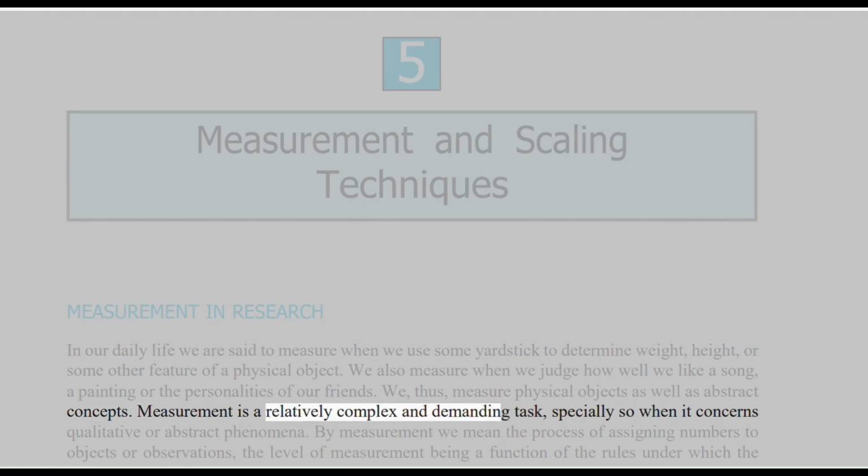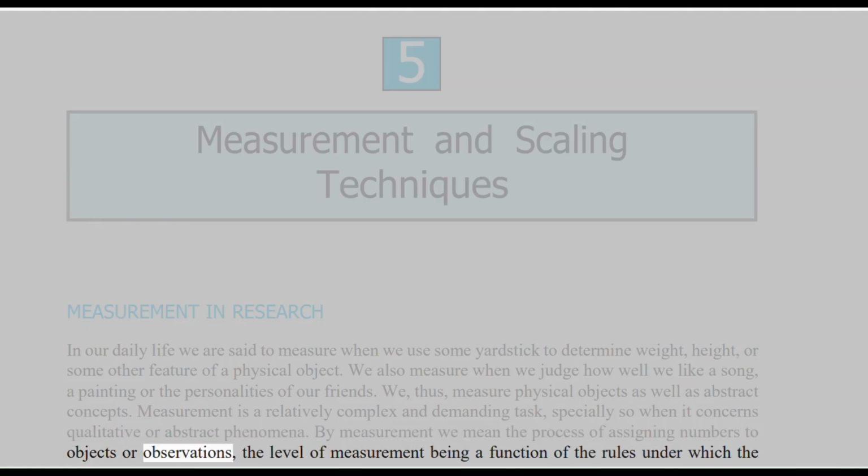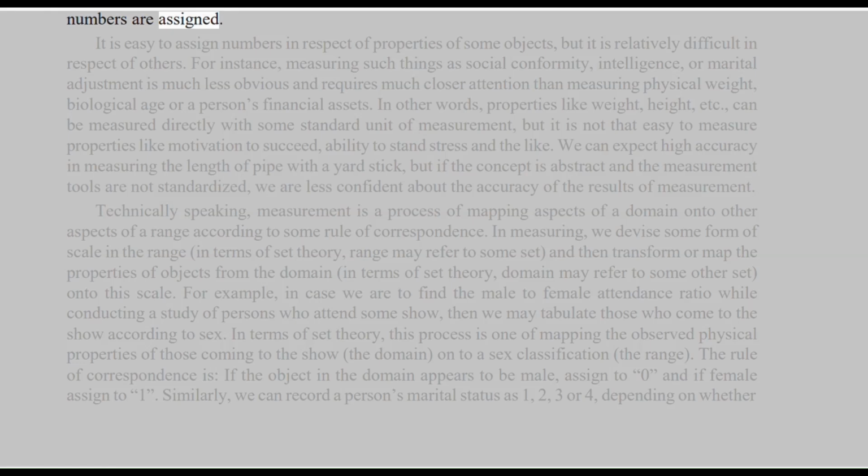Measurement is a relatively complex and demanding task, especially so when it concerns qualitative or abstract phenomena. By measurement, we mean the process of assigning numbers to objects or observations, the level of measurement being a function of the rules under which the numbers are assigned.